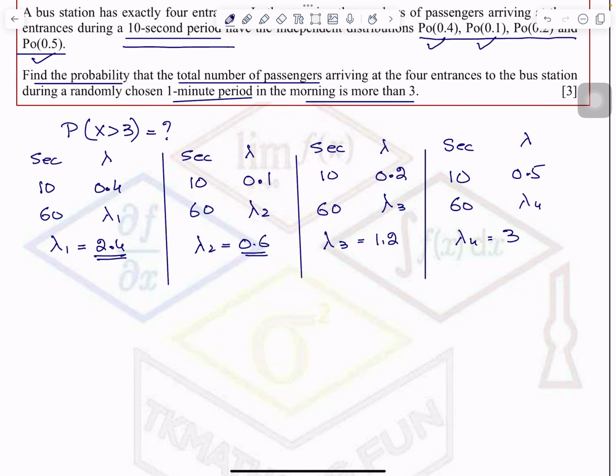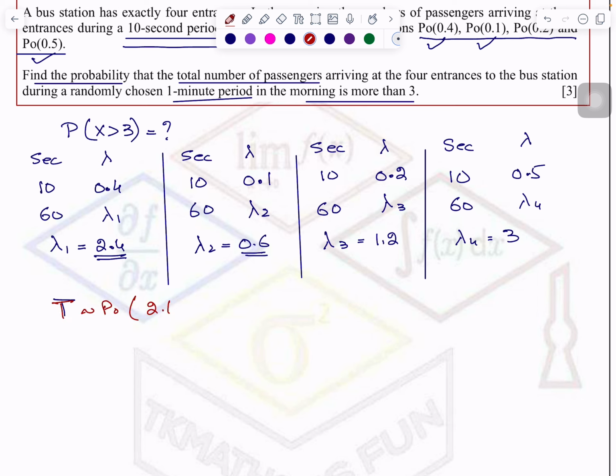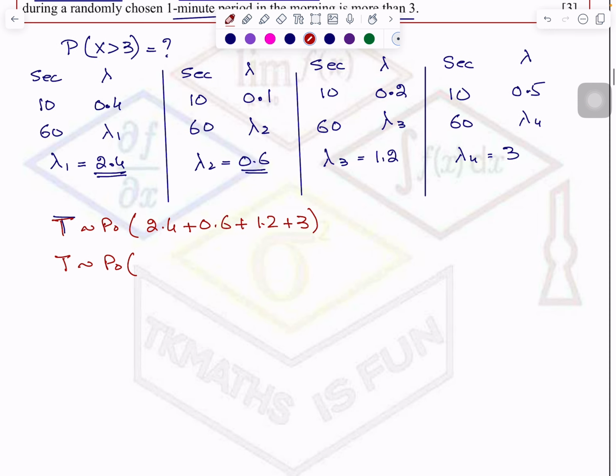So we know that for independent cases, we need to sum them up. So it will be 2.4 plus 0.6 plus 1.2 plus 3, which equals 7.2. Now we know the lambda which we will use for the total number of passengers entering in 1 minute in all these 4 entries.